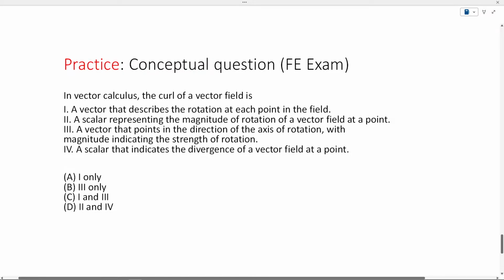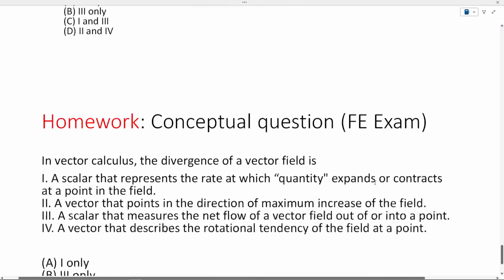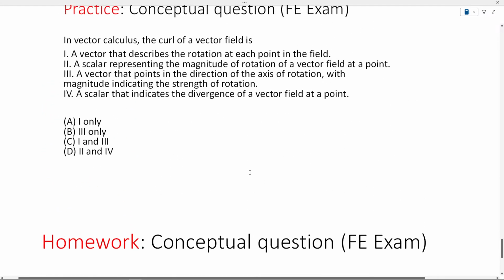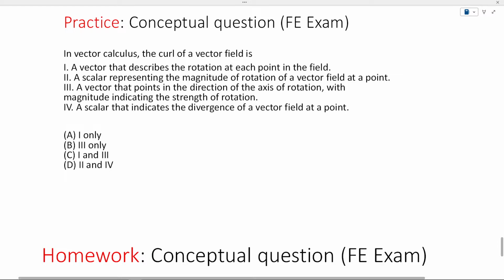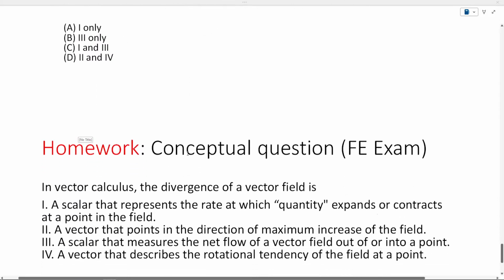I will solve it in the practice tutorial session if you want to look at it. Try to solve it on your own. Don't look at the right answer. I think it's C. Yeah. So the right answer for this guy is C here. But try to solve it on your own and then check the right answer.